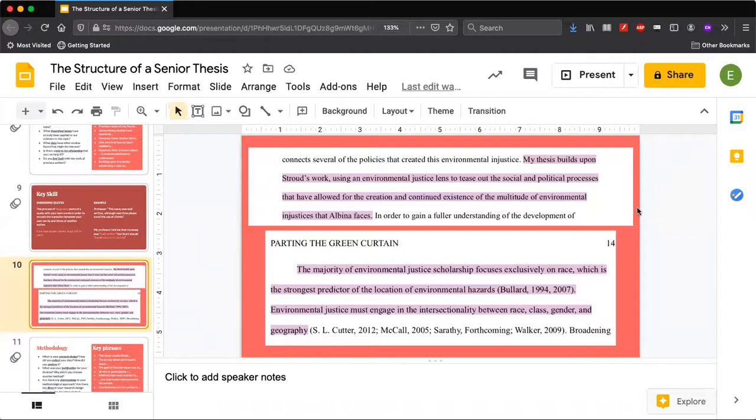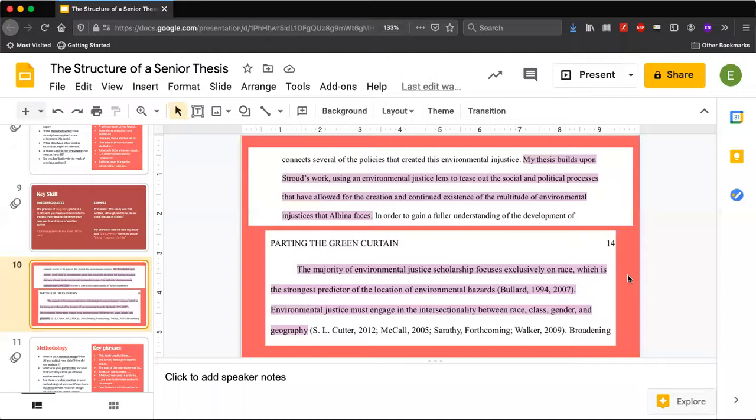So the part that I want to really point out here is that this student very clearly uses what they have read as a jumping off point, right? My thesis builds upon this other work. And so the reader can very clearly see the relationship between this new piece of writing and the existing scholarship on the topic of environmental justice.